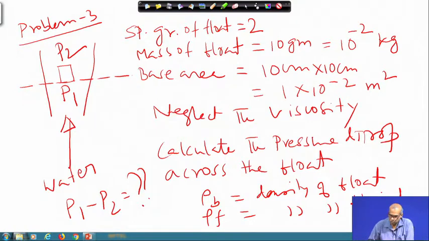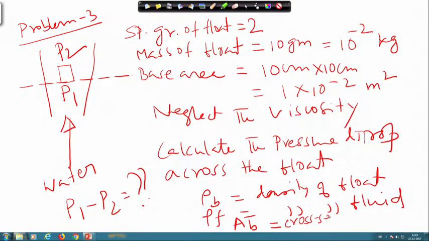Also, let us consider AB as the cross sectional area of the float. So, rho b is the density of the float, rho f is the density of the fluid, that is water, and AB is the frontal area or cross sectional area of the float.